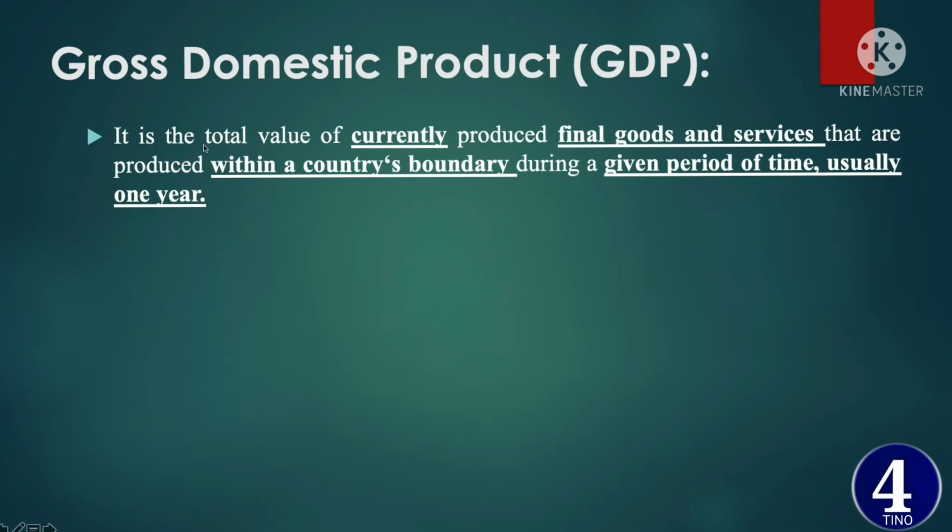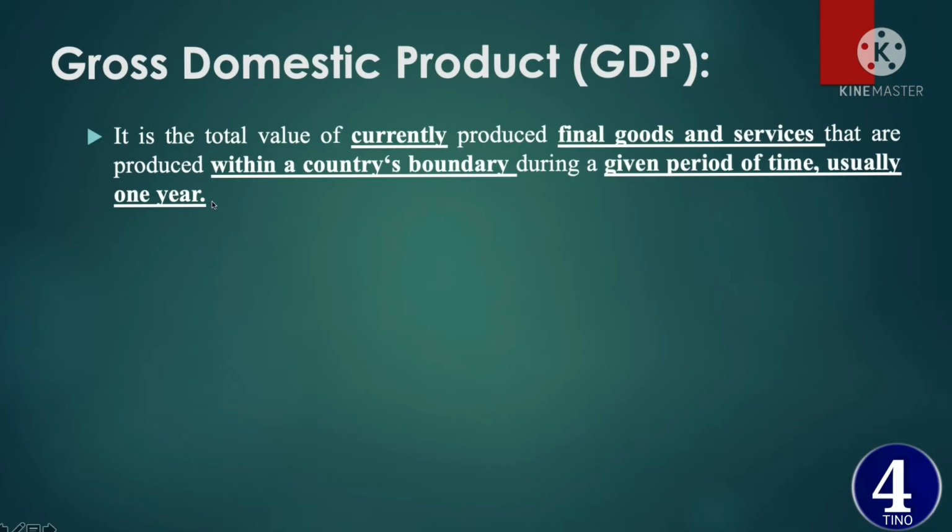So GDP is the total value of currently produced final outputs, underline the word currently, which are goods and services, underline final, that are produced within a country's boundary, inside the country, during a given period of time, usually 1 year, and irrespective of the citizenship or the ownership of the resources.